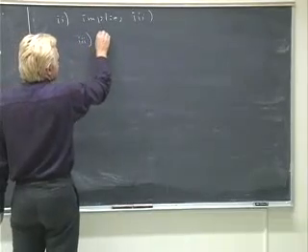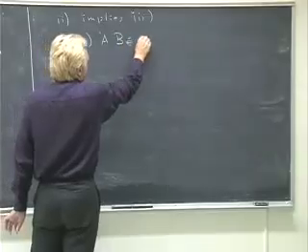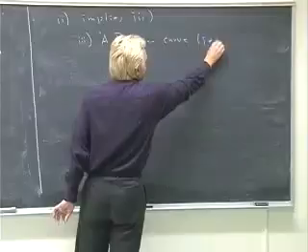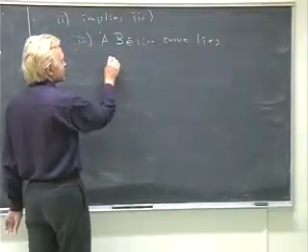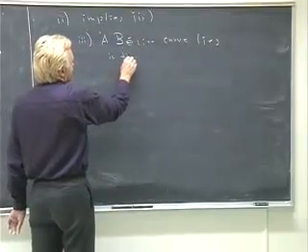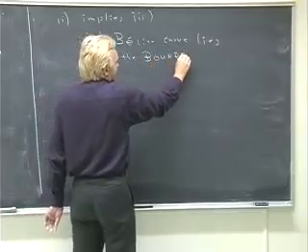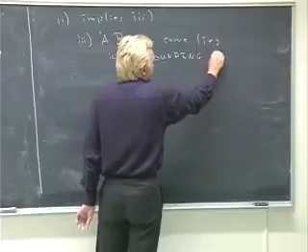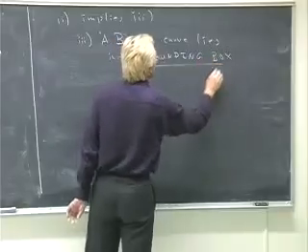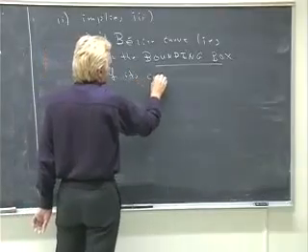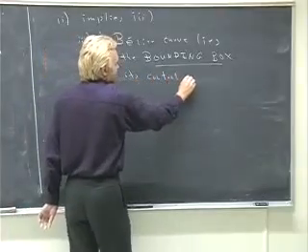A Bezier curve lies in the bounding box of its control polygon, or control points, better.